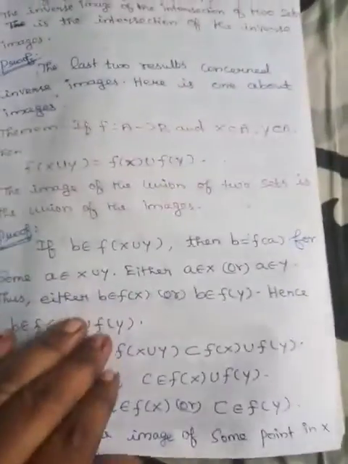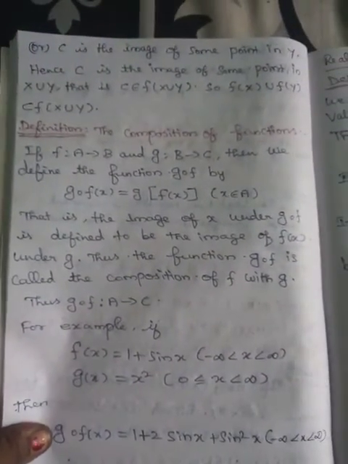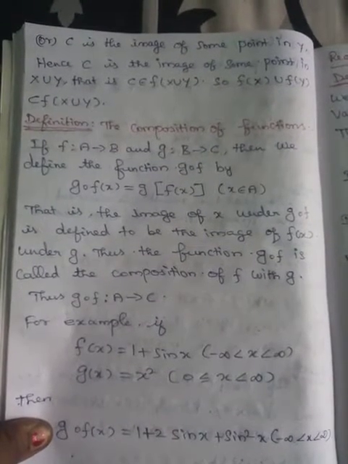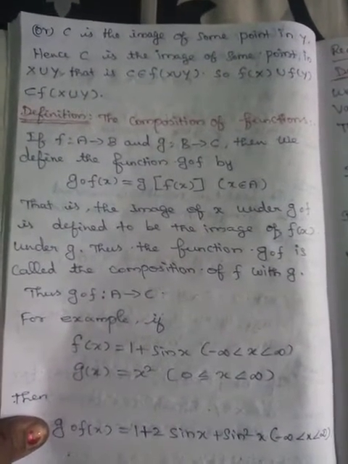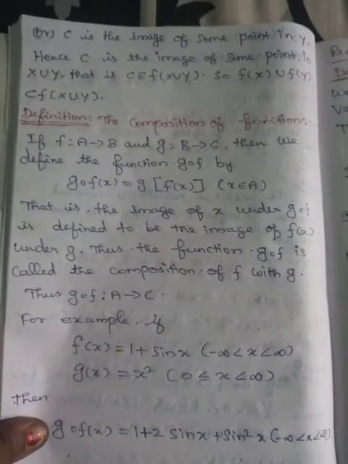Then c is the image of some point in X, or c is the image of some point in Y, hence c is the image of some point in X ∪ Y, that is, c belongs to f(X ∪ Y).